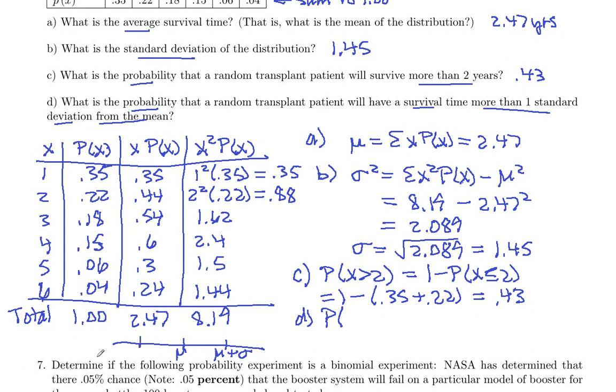If you subtract it, you've got mu minus sigma. So we want to know what's the probability that x is out here, more than one standard deviation on the right, or out here, more than one away on the left. So this will be probability that x is greater than mu plus sigma, plus probability that x is less than mu minus sigma.